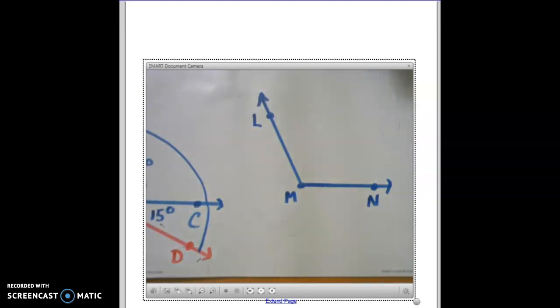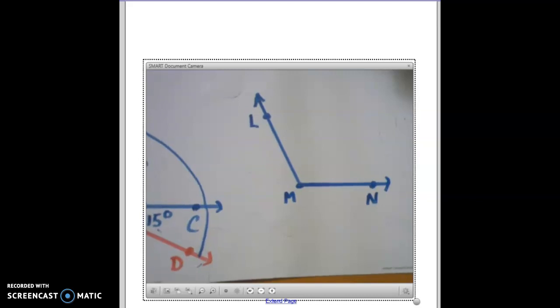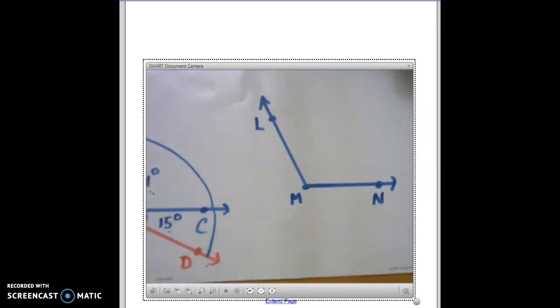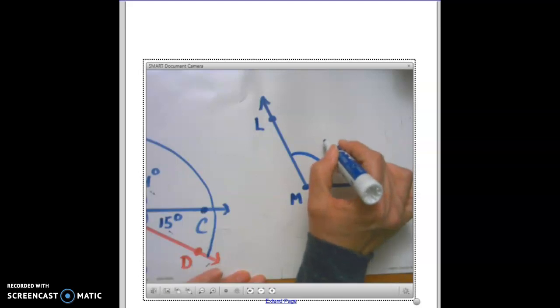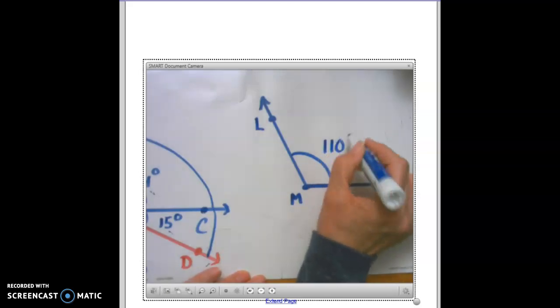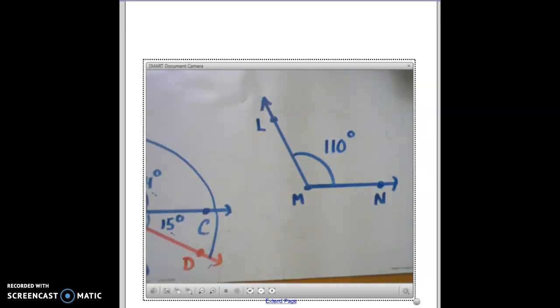Let's try another one. Okay, here we have angle LMN. This was already measured by me earlier. This is 120 degrees. No, I'm sorry, 110 degrees. Okay, so I have an angle there that's 110 degrees. What if I compose another angle in there?